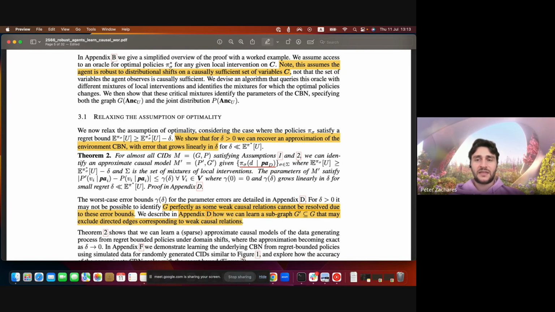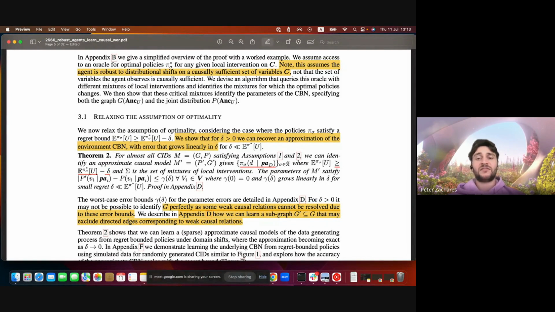So basically that's what this equation here is saying. It's saying that the maximum regret of any one of these policies for a specific intervention is only delta or less between the optimal policy and the actual policy.